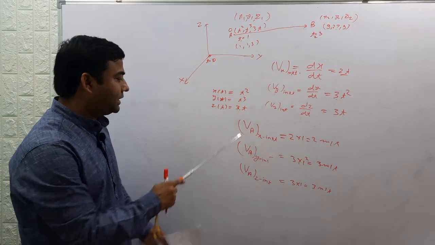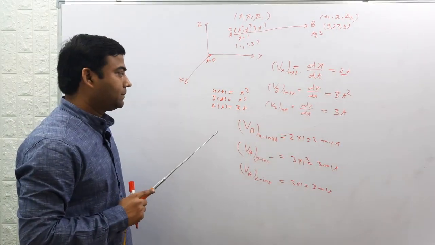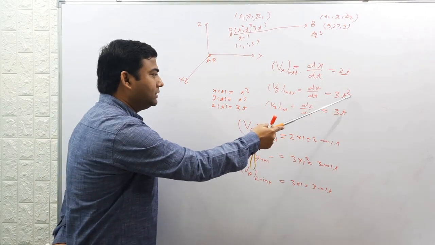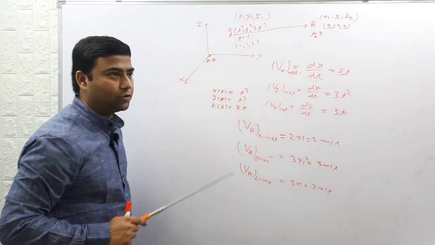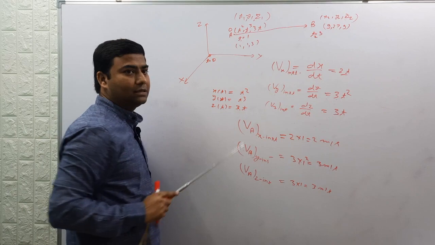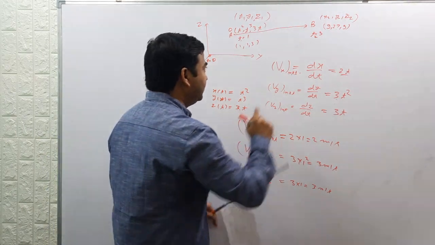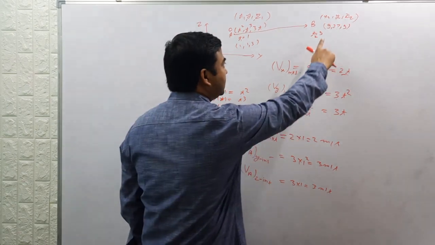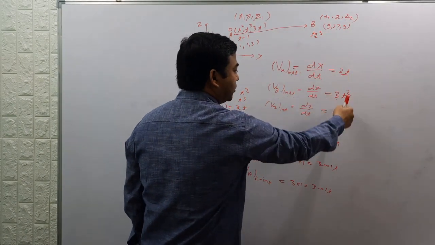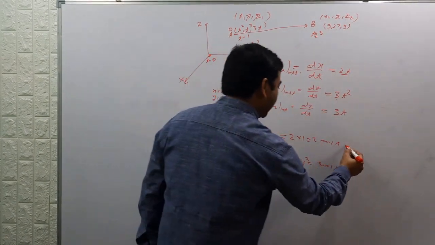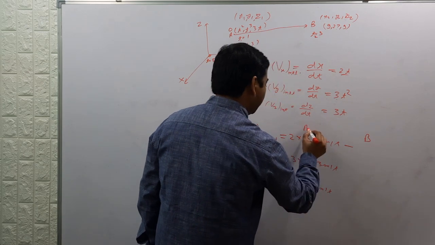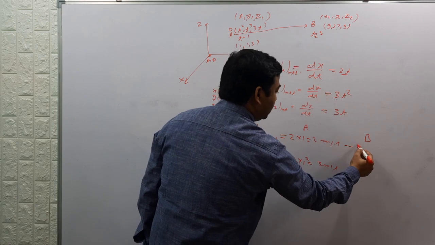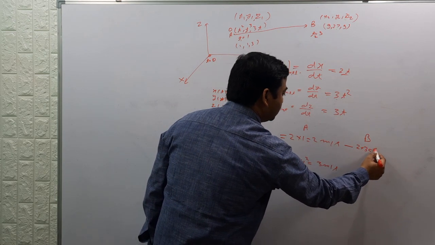So this is how we can find instantaneous velocity at any instant of time by putting the value of time in this formula. Similarly, to find the velocity at point B, instantaneous velocity, put t is equal to 3 in this formula. So at point B, this is point A, and for point B, put t is equal to 3: 2 into 3 is equal to 6 meter per second.